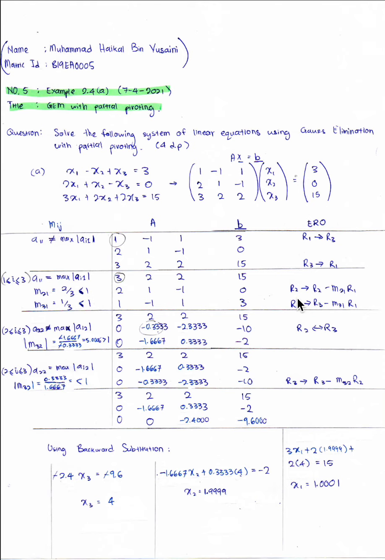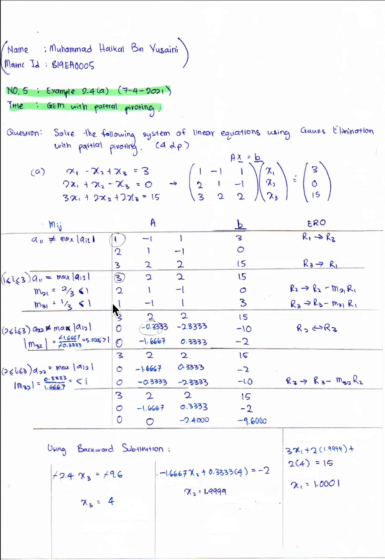After that, we have found the factor. We must put it in this formula. So this row 2 must follow this equation, which is row 2, this 2, minus this M21 factor, which we found is 2 over 3, multiplied with R1, this 3. So we get 0 here, right below.